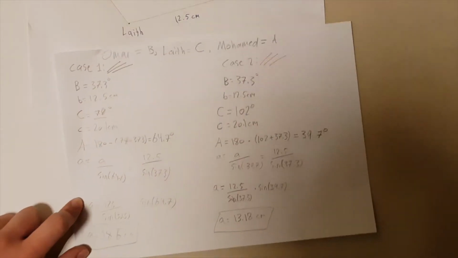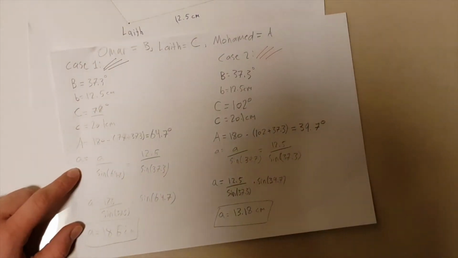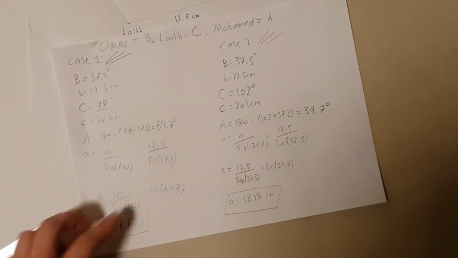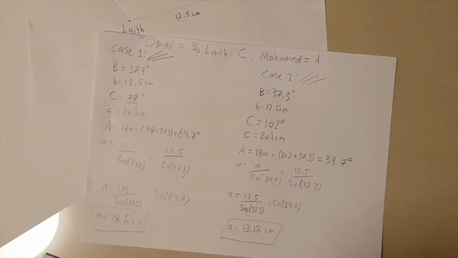Now, to find the side, we use the sine law. It's always better to use the numbers given in the question for the sine law, because sometimes when we round up or round down, numbers might get inaccurate, and it's just better to use the ones given in the question already.